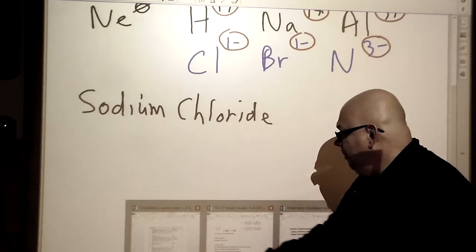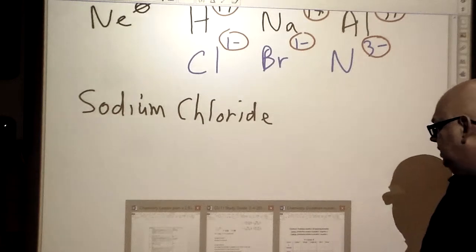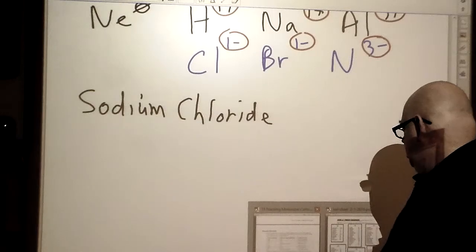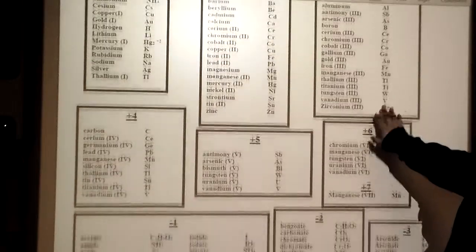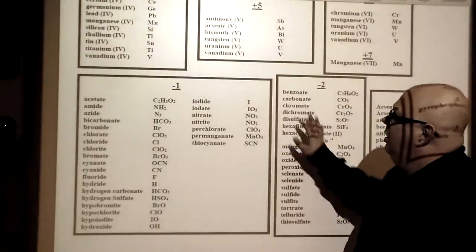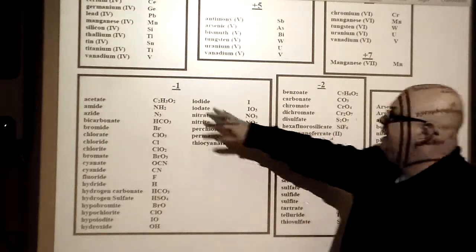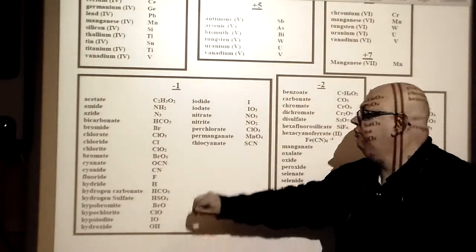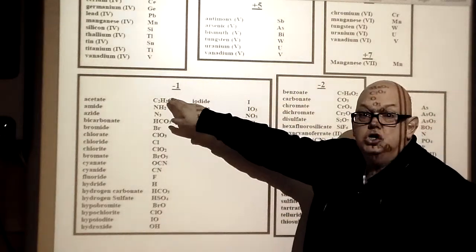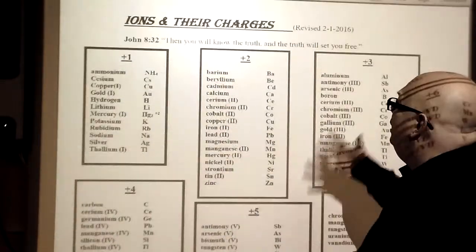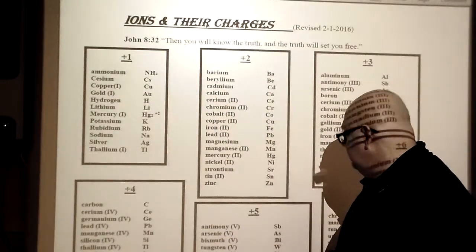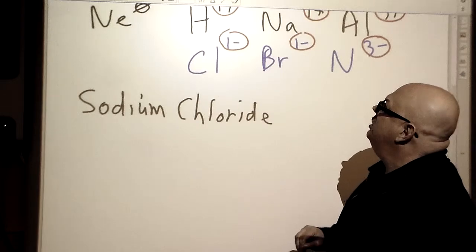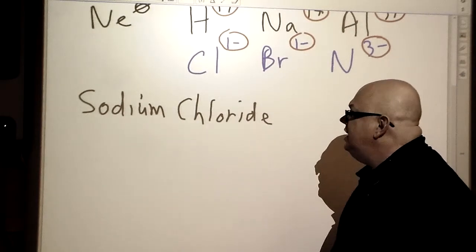For my students, I included something called an ion chart that looks like this, arranged alphabetically, with the chemical symbol and the charge. We're not going to necessarily use this because we already have some information here.